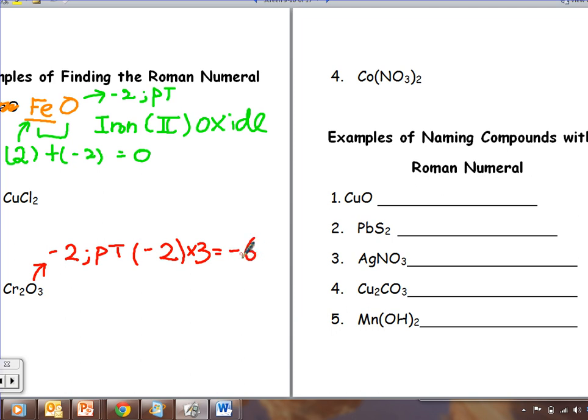So chromium, when you have 2 of them, I have to have +6 charge, right? So if chromium times 2 has to equal +6, because when you add +6 to -6, they have to equal 0, what is the charge of chromium? 3. So chromium oxide here needs to be chromium(III) oxide.